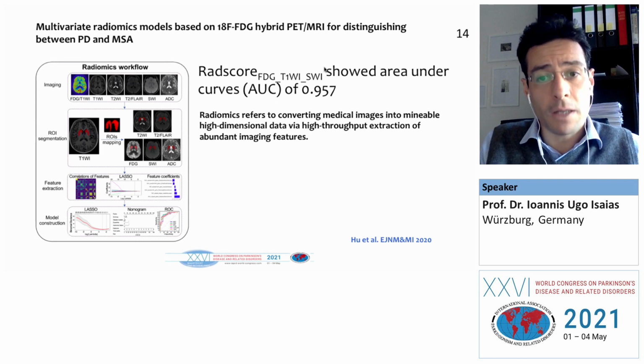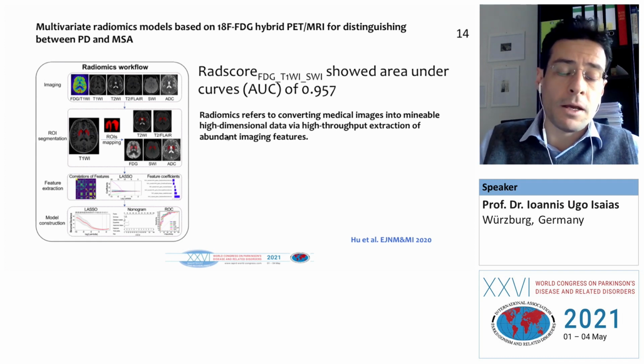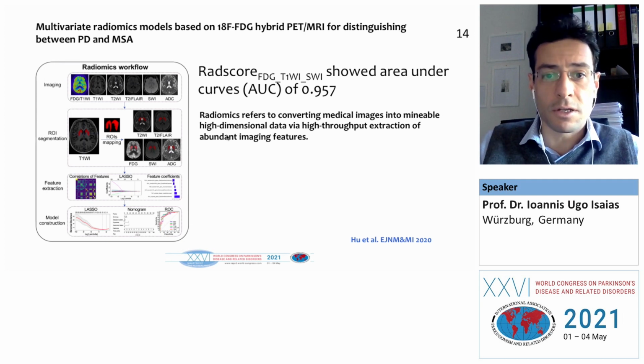By combining these images, they were able to reach 95-96% accuracy in discriminating Parkinson's disease from multisystem atrophy at an early disease stage. Again, the diagnosis was based on clinical investigations in these studies.